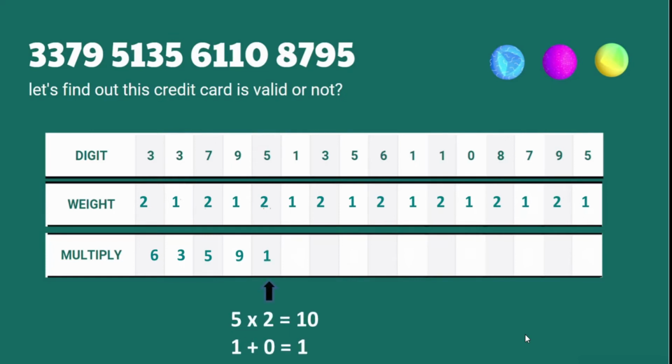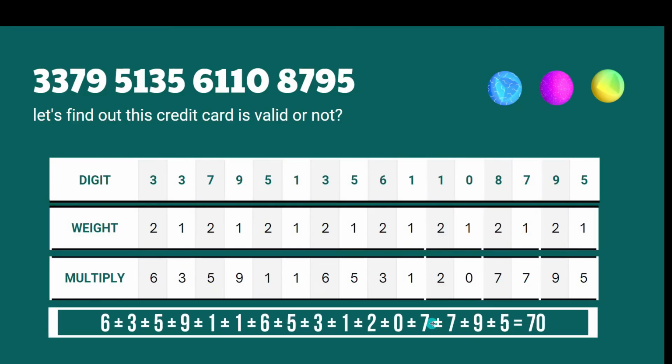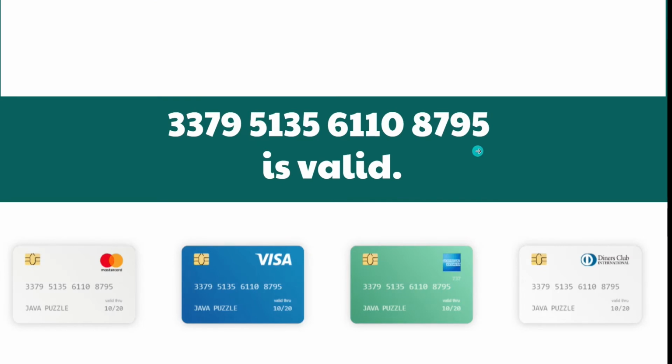We do the same for the rest of our multiplication, and when we sum up 6 plus 3, 5, 9, 1, 1 and so on, it becomes 70, and 70 is a multiple of 10. So we can say this credit card number is a valid number.